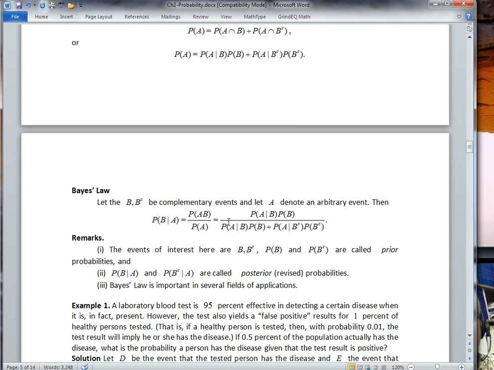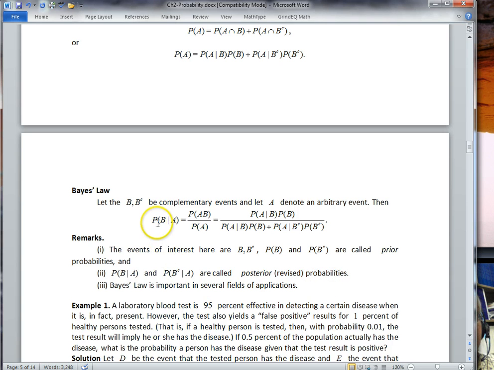So in this case, we are interested in event B, which we call the prior, or B complement, prior probabilities. Then something happens, which is event A, and then we want to revise our estimates of probabilities of B. We call them probability of B given A, and these are called the posterior or revised probability.